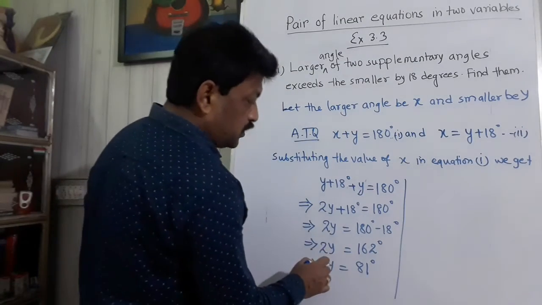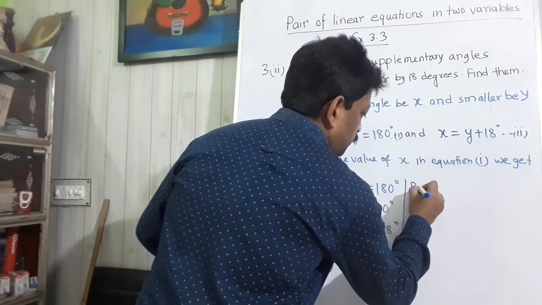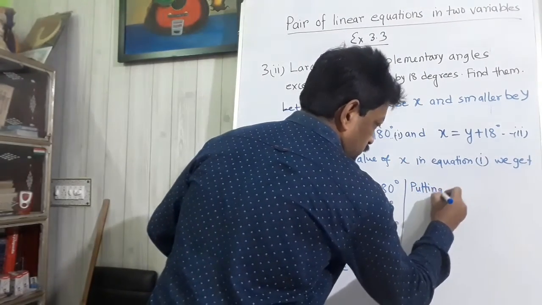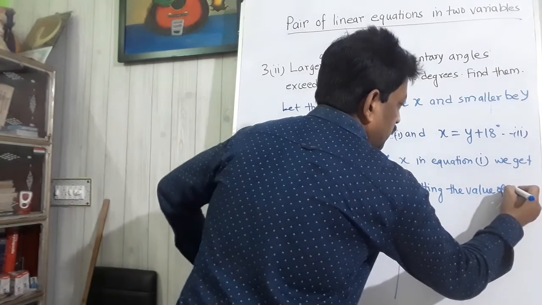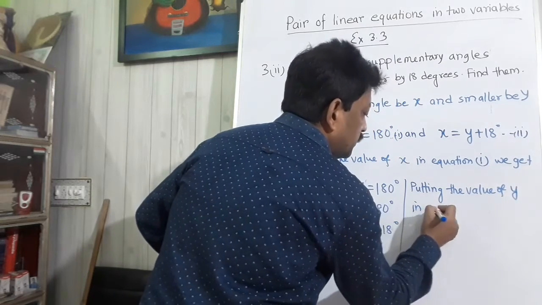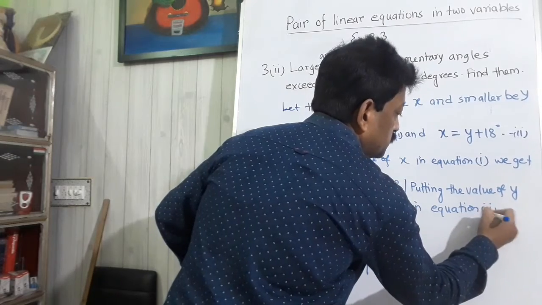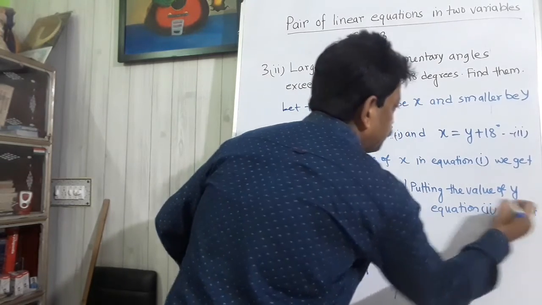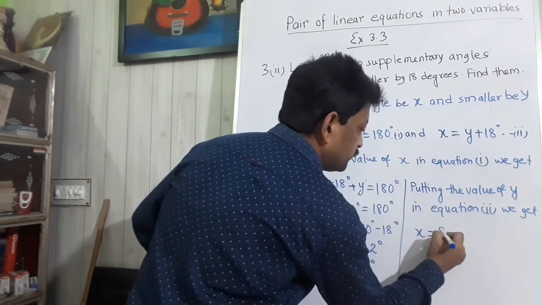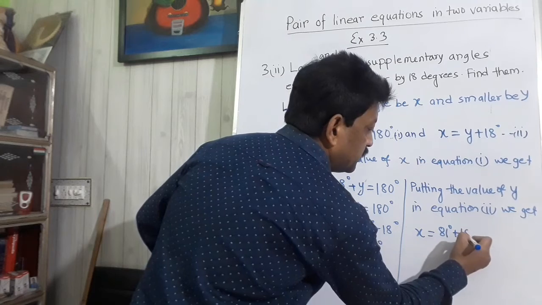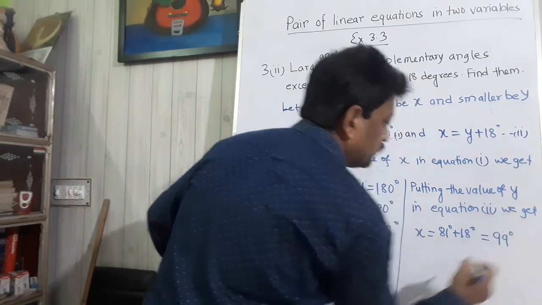Now put the value of y in equation 2. Putting the value of y in equation 2, we get x is equals to, y means 81 degrees plus 18 degrees, that is 99 degrees.